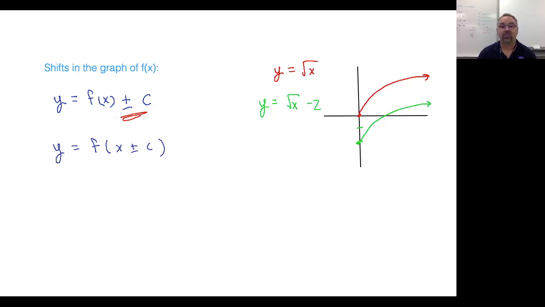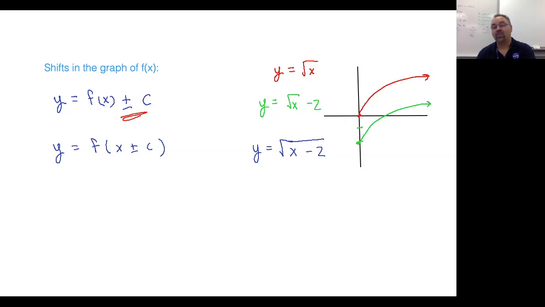So if I do this, let's say y equals the square root of x minus 2 inside that function, that's going to create a different shift. Now, the interesting thing here is I want you to notice that the original graph, the red graph, has this point at the origin where the x coordinate is 0.